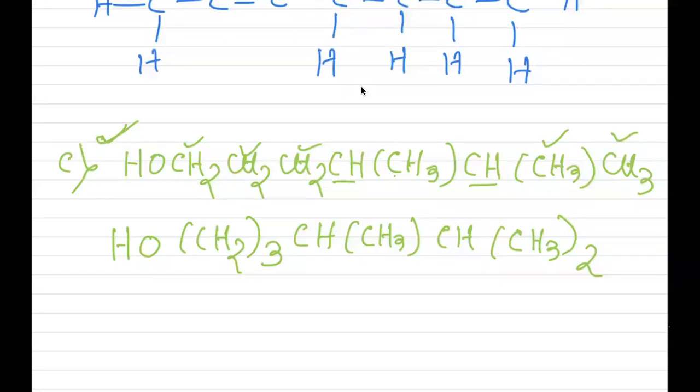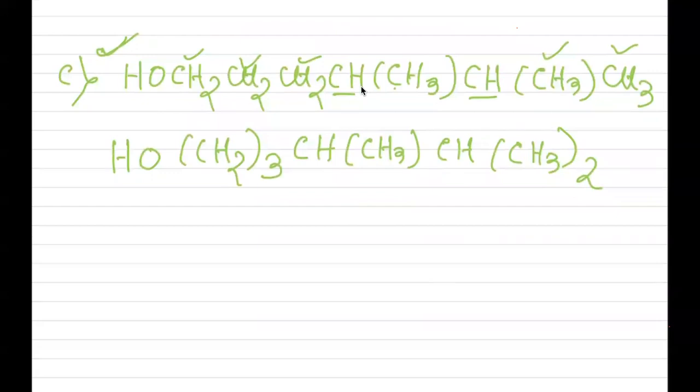Okay. Now the bond line formula. How many carbon atoms are there? First we have to find out how many carbon atoms are there in the long chain. From this compound, 1, 2, 3, 1, 2, 3, 4, 5, 6. We will not consider it from here. We will consider the main chain.